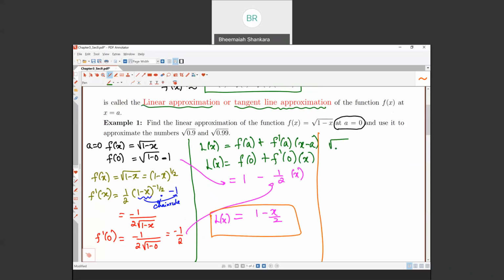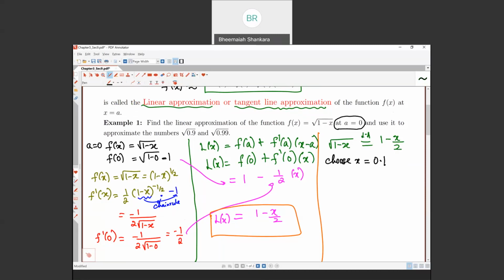Now let's try to calculate the square root of decimal values using this linear approximation formula. So square root of 1 minus x is the given function, and the corresponding linear approximation is 1 minus x over 2. This is what we found just now. So now let me choose some x value, say x equals 0.1.